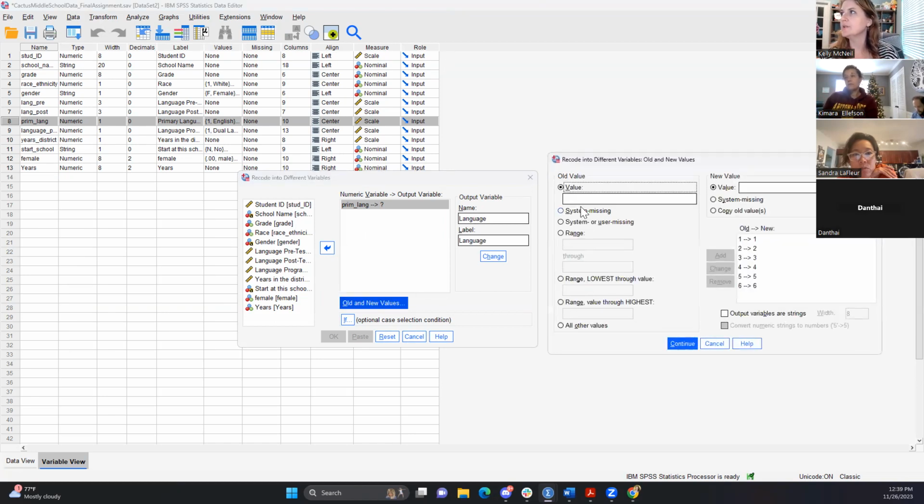And the old and new values: I have to remove all these. So 1 is 1, 2 is 2, and 4 is 2. What this is just telling us is English versus non-English.